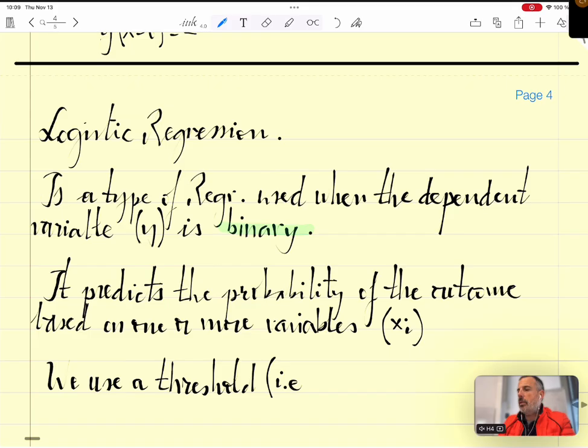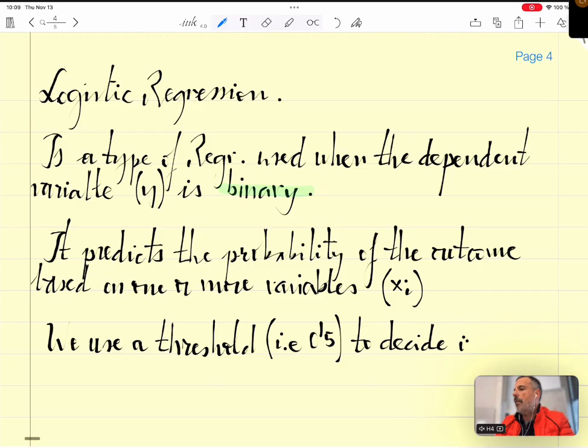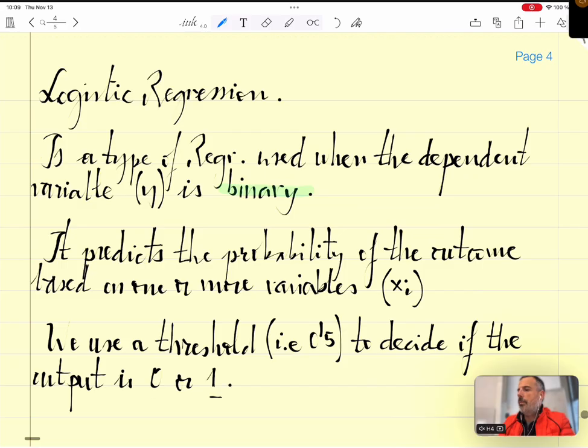Usually it's 0.5, okay, to decide if the output is 0 or 1. So if the probability of the output is 0.4, then we decide to 0. If it's bigger than 0.5, we decide to 1. Okay?